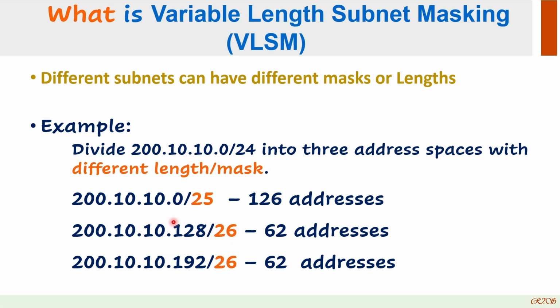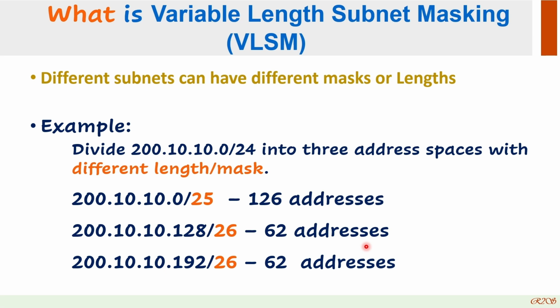So we divide this one network into 3 different networks, and out of these 3, one has length 25 and the other 2 have 26. You can see the sizes also. The first one is the bigger one, with 126 addresses, and the other 2 have 62 addresses.